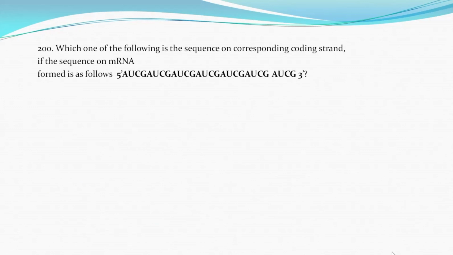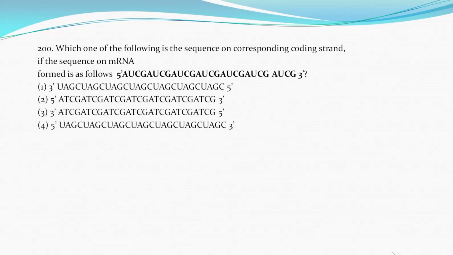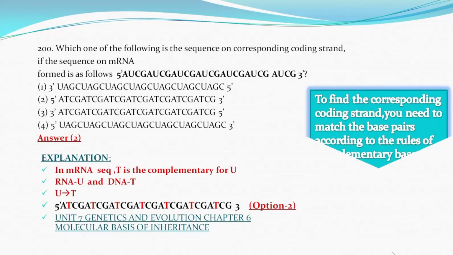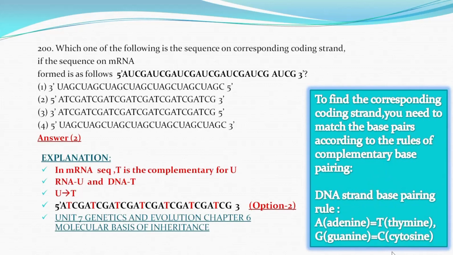So the last question of Zoology Part 2, which one of the following is the sequence on corresponding coding strand if the sequence on mRNA formed is as follows: 5' AUC GAU CGA UCG AUC GAU CGA UCG AUC G 3'. So the answer is option 2.